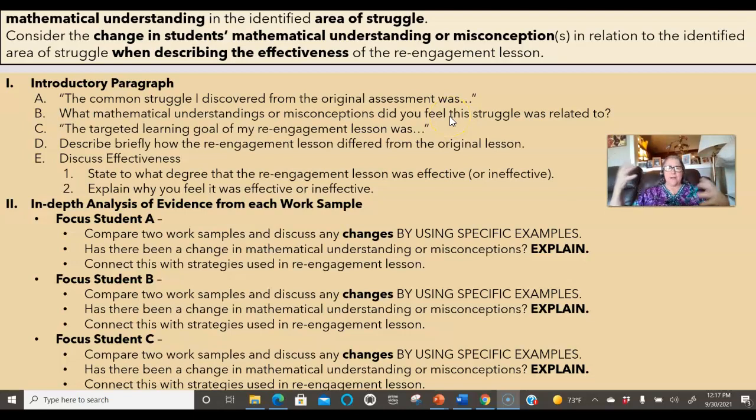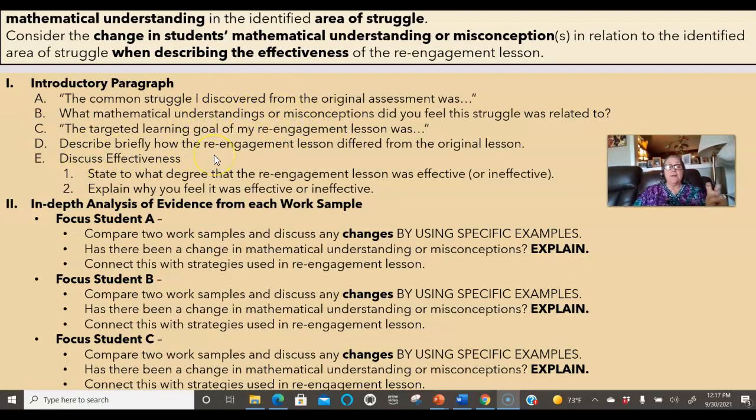So here you're kind of giving an overview of what you've discovered. It's effective or not. The targeted learning goal, my re-engagement lesson was. So this was the common struggle. This is the target learning goal. And it was related to mathematical understanding or misconceptions.